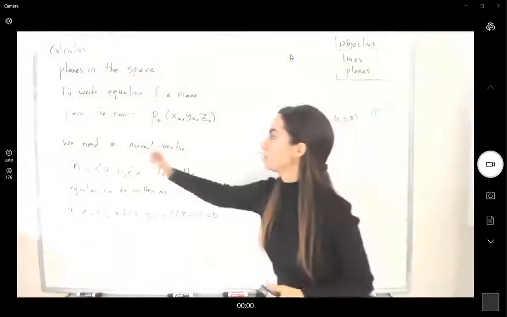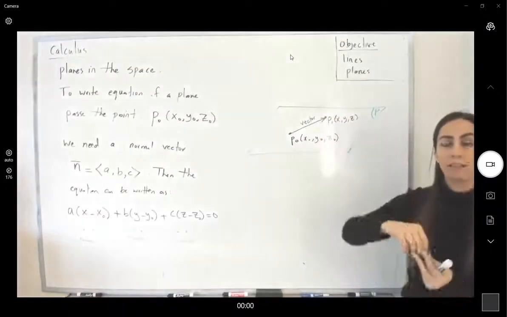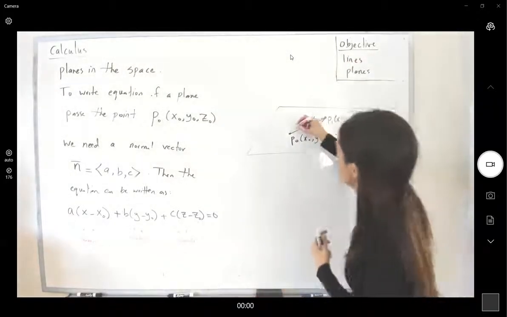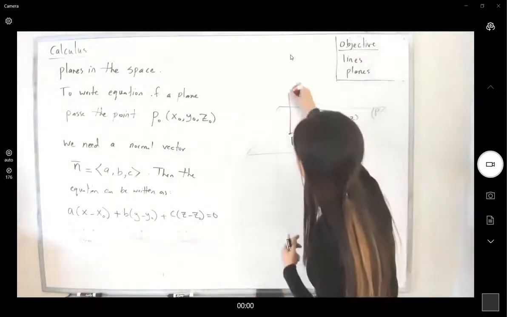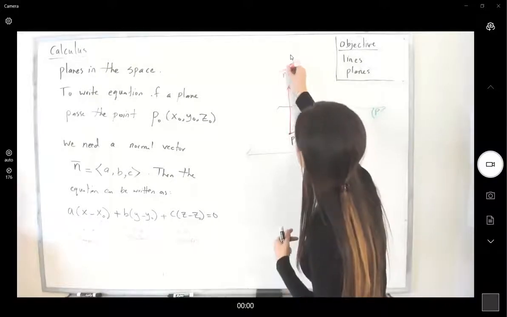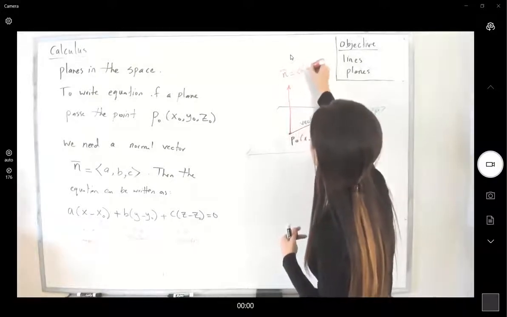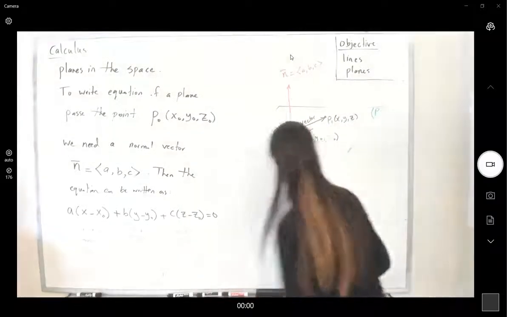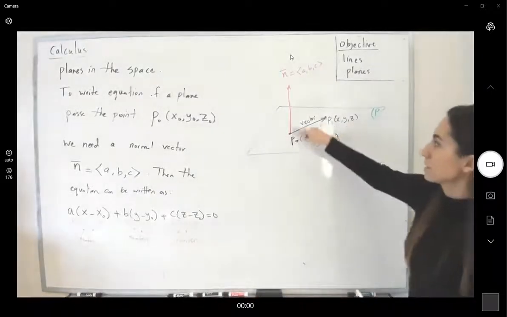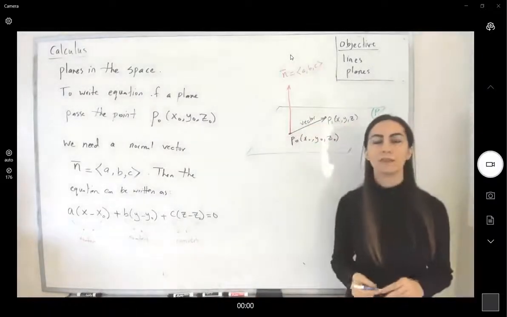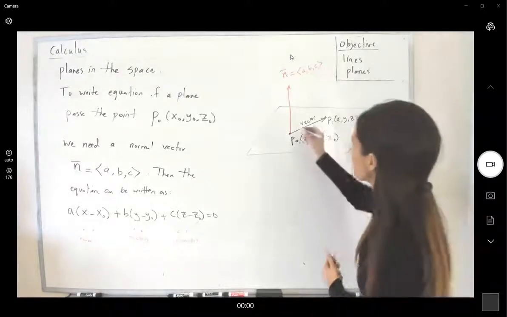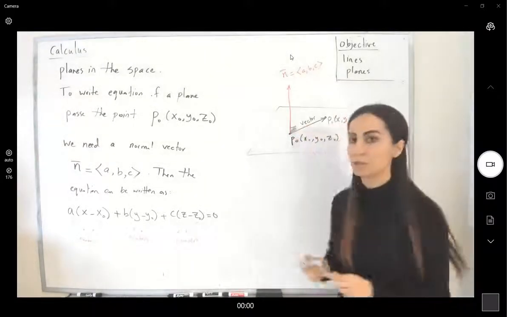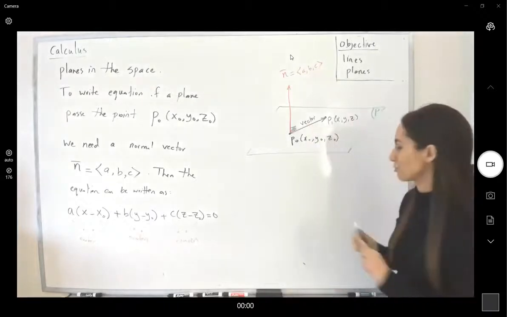We also need a normal vector, a vector that is perpendicular to the plane. So this is a normal vector A, B, C perpendicular to the plane. Since the angle between these 2 vectors is 90 degrees, the dot product between these 2 is equal to 0.